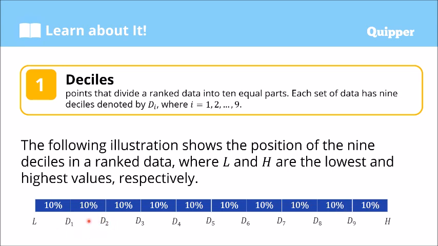For the second decile, 20% are below it and 80% are above it. D sub 5, or the fifth decile, is also known as the median. This is the middle position, because 50% are below it and 50% are above it. And up to the 9th decile, where 90% of the data are below it and 10% are above it.